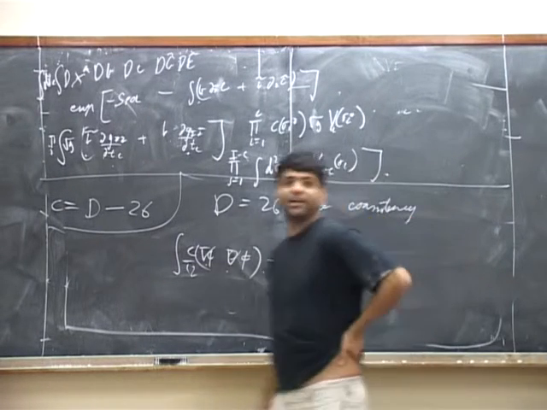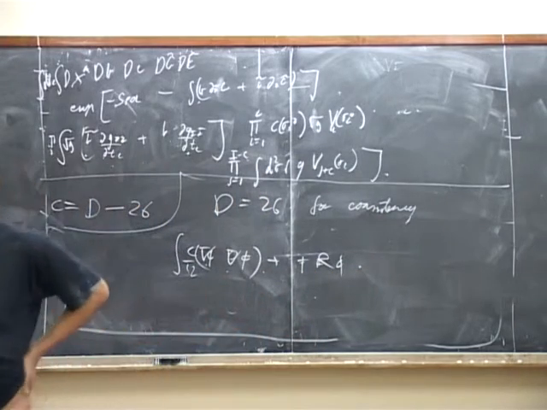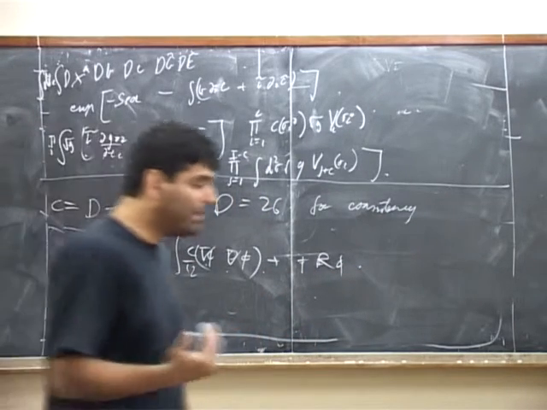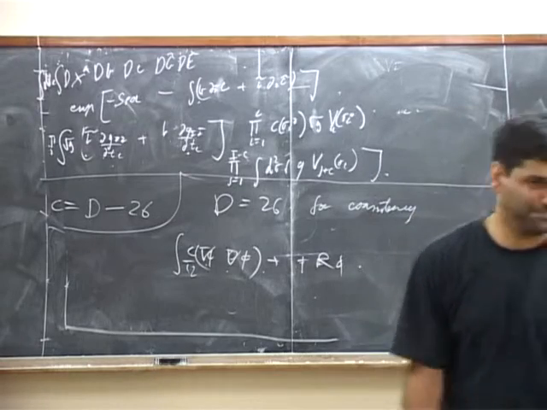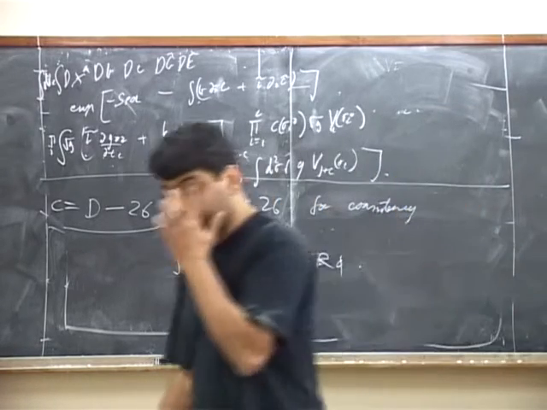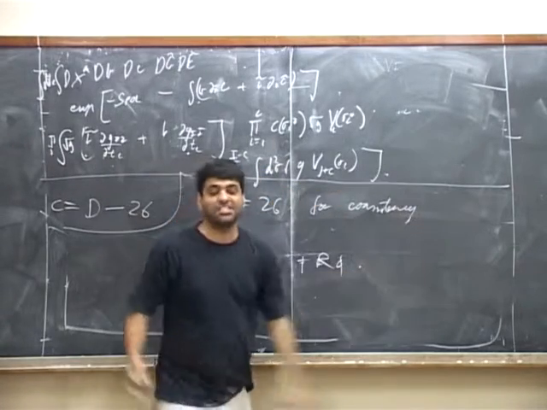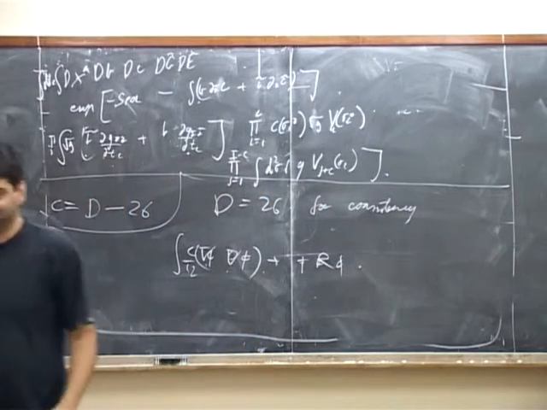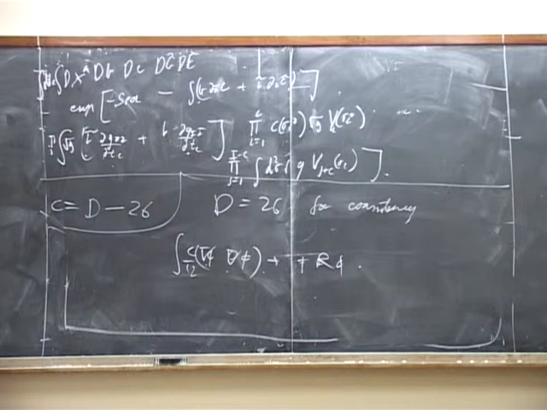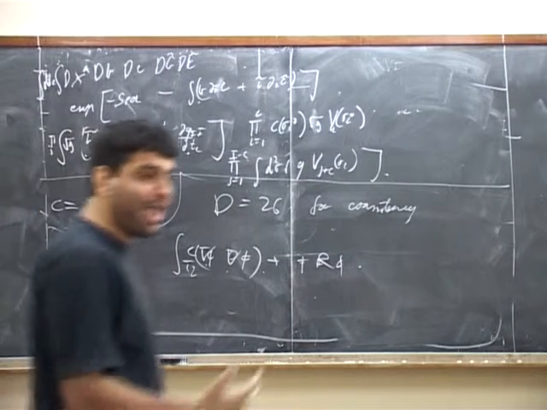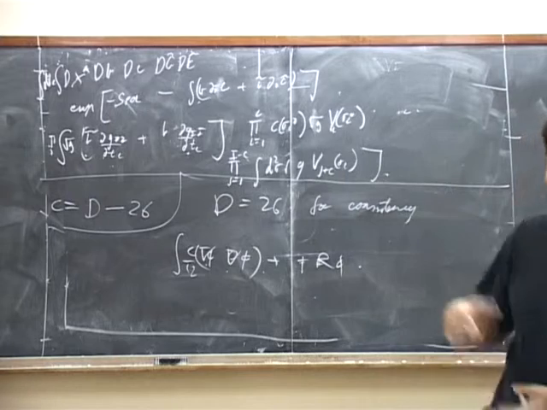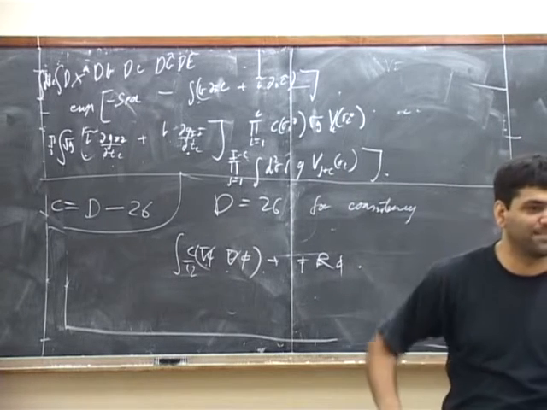Now the next question we're going to ask is, what about the operator insertions? What operators are we allowed to insert in here such that we get sensible answers? The answer to this question is given by reasoning that's very similar to the answer to the question that gives us d equals 26.